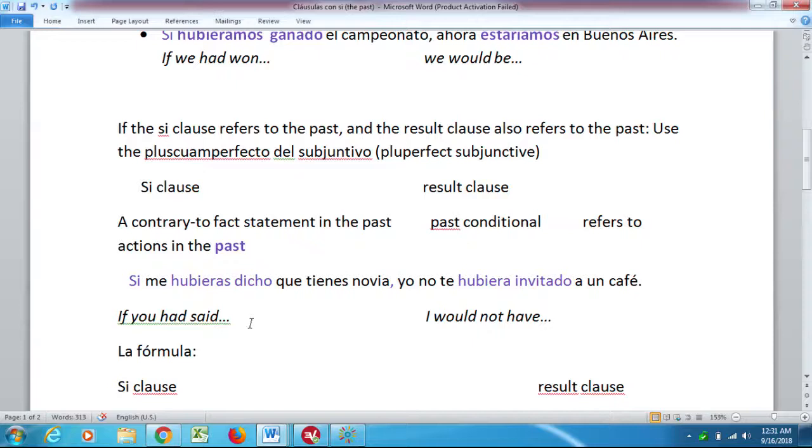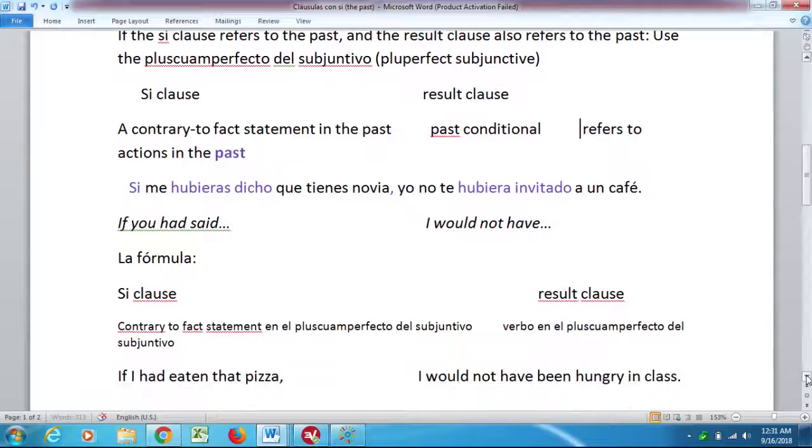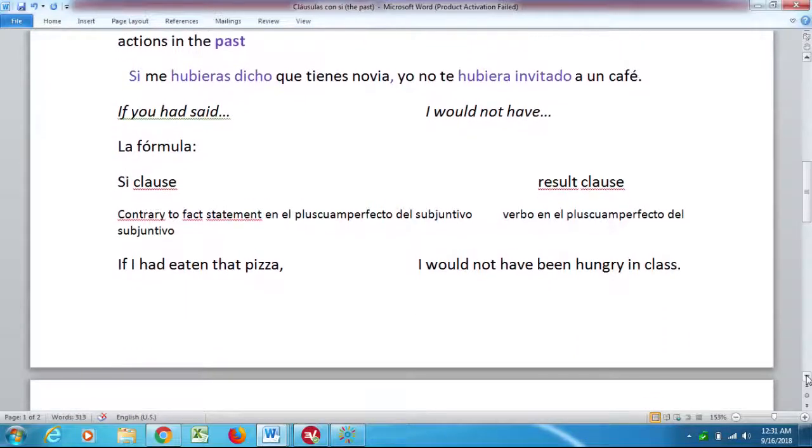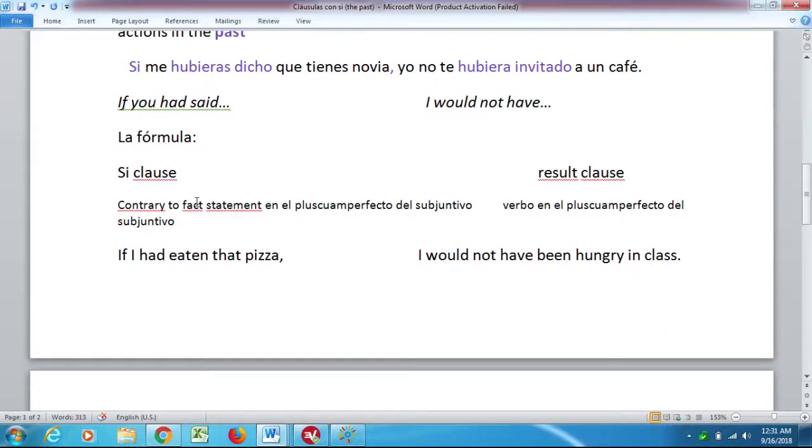We have 2 unrealized actions that both occurred in the past. And that is why we're using the subjunctive and the past, of course, for the pluscuamperfecto. And I hope the English translation kind of helps show you what this equates to in English, although it's never an exact match, right?